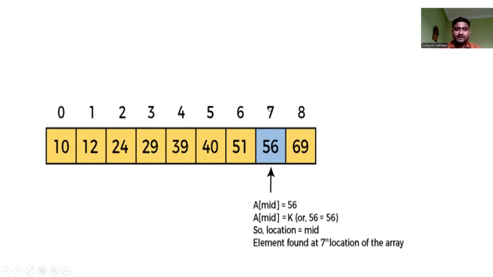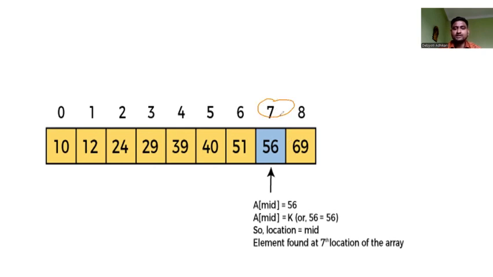Now mid is 7. And now compare with our target value. Our target value was 56. And here mid is 56. Just matched. It just returns the location of this mid. Location is 7 in this algorithm.